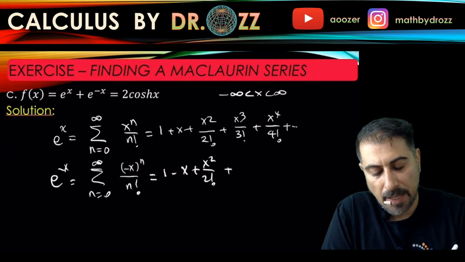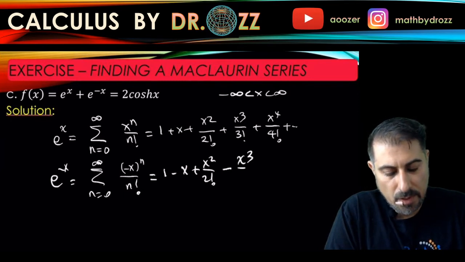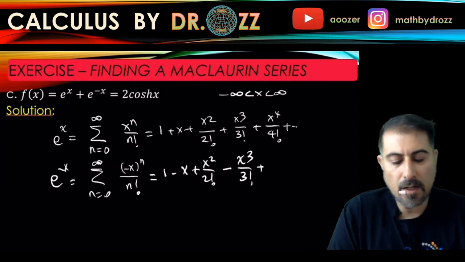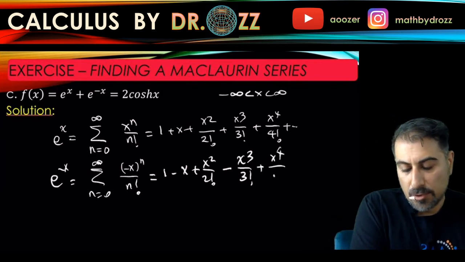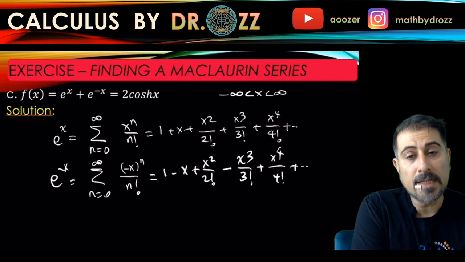And the next term is minus x cubed over 3 factorial, and on and on. So the odd-powered terms are coming with a minus sign now, but not the even-powered terms.